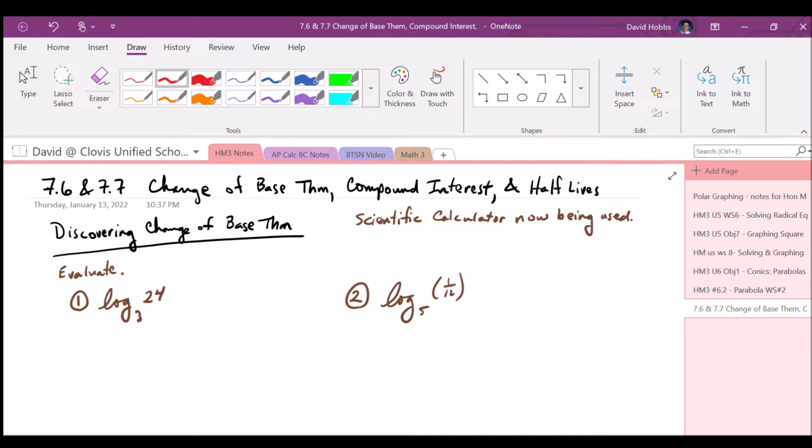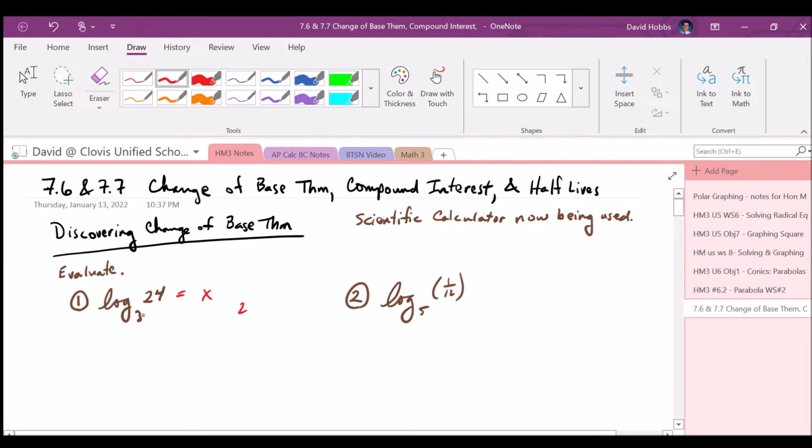Okay, so log 24 base 3 equals something, and so 3 to the what power is 24? Of course, 3 to the second is 9, so I would say that x is bigger than 2.